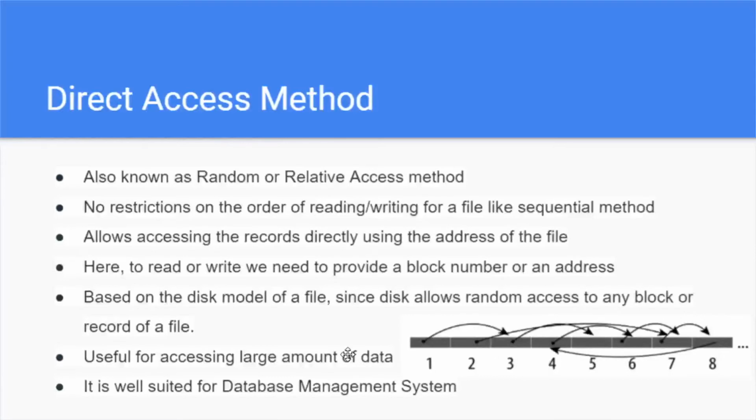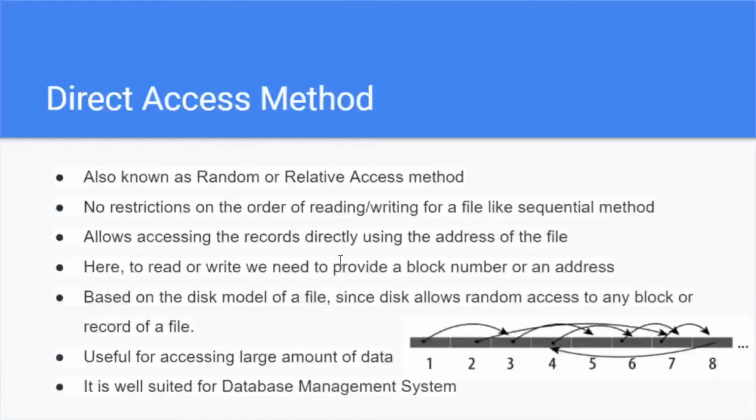Moving on, the next method we have is the direct access method. It is also known as random or relative access method. In this method, there is no restriction on the order of reading or writing for a file, like there was in the sequential method. It allows accessing the records directly using the address of the file.